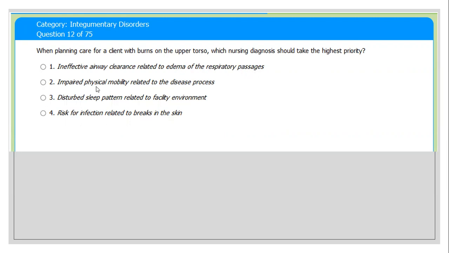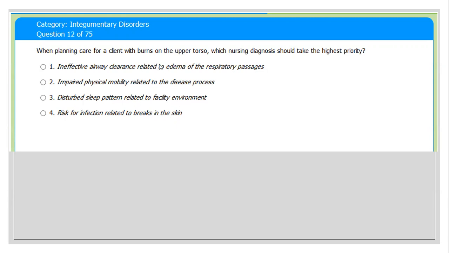Number two, impaired physical mobility related to the disease process. Number three, disturbed sleep pattern related to the facility environment. And number four, risk for infection related to the breaks in the skin.